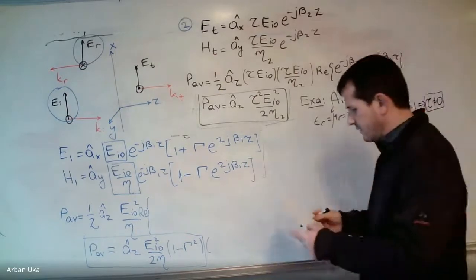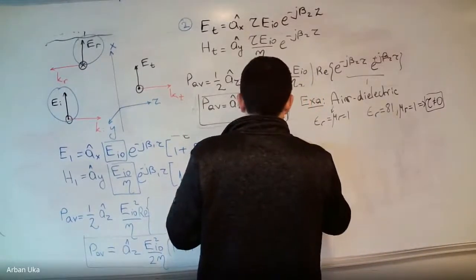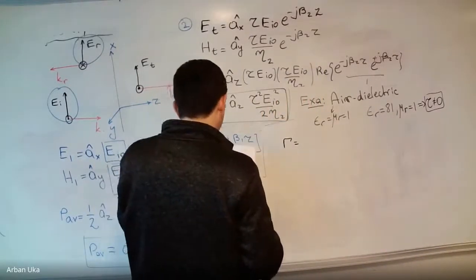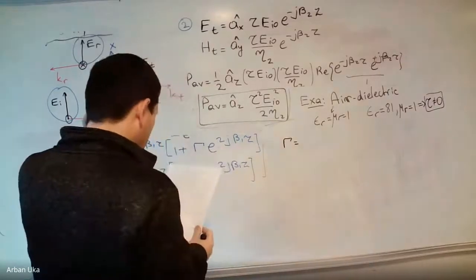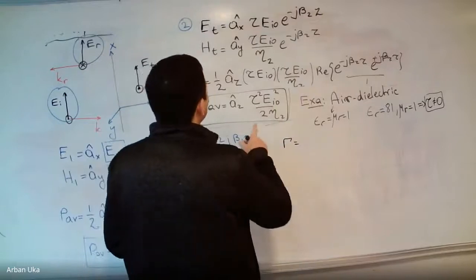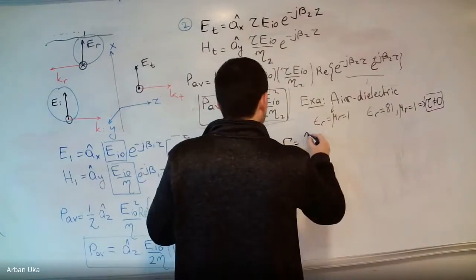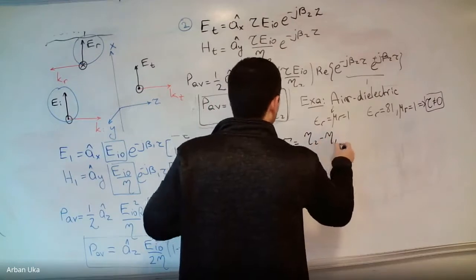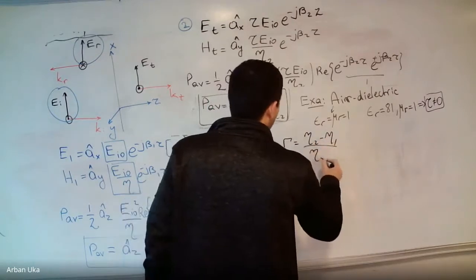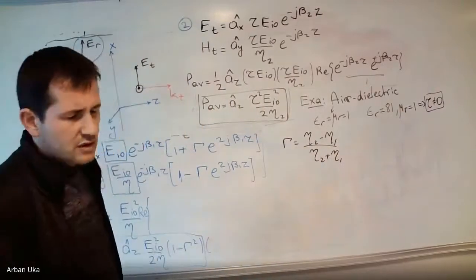Now let's see what is the reflection coefficient. We can derive, I believe, as we wrote a few moments before, this is eta 2 minus eta 1 over eta 2 plus eta 1, right? So this is how we wrote this one.